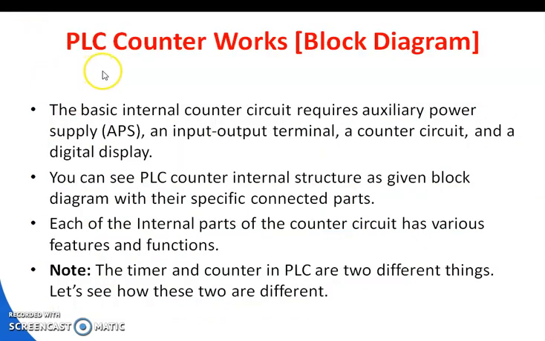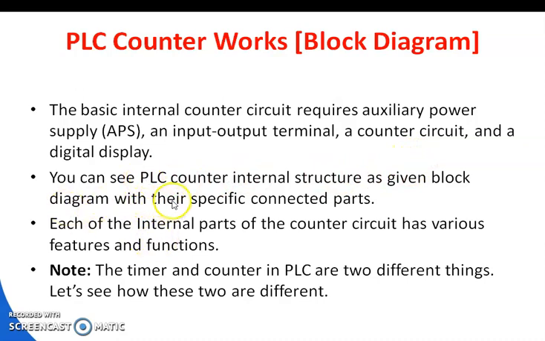Next, the PLC counter works or the block diagrams. The basic internal counter circuit requires auxiliary power supply, input output terminals, a counter circuit and a digital display. The entire PLC counter block requires the following devices, that is auxiliary power supply APS, input-output terminals, a counter circuit and a digital display.